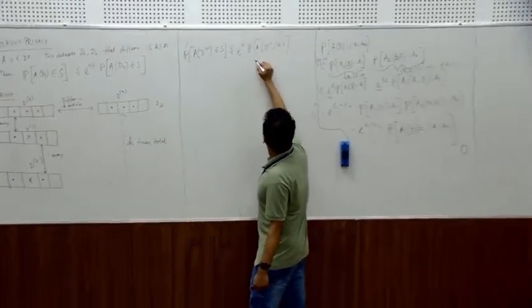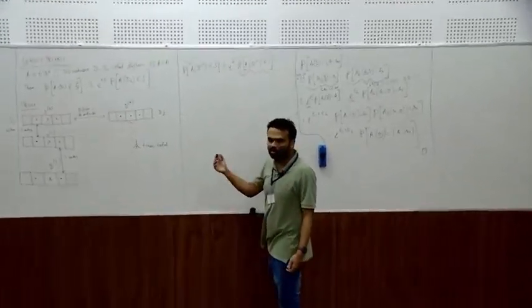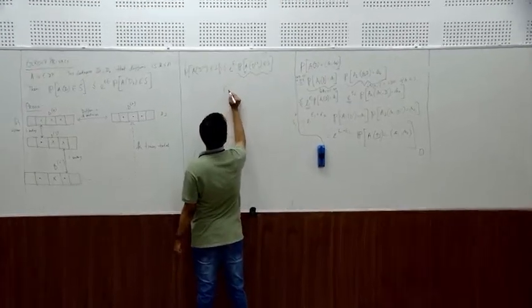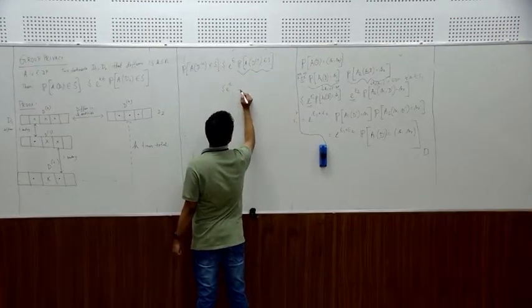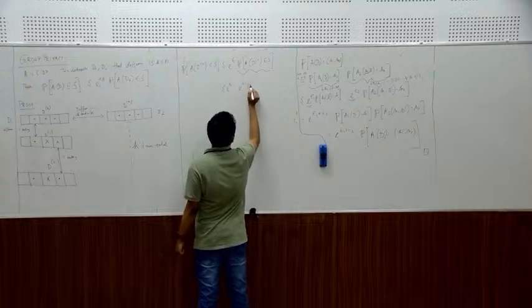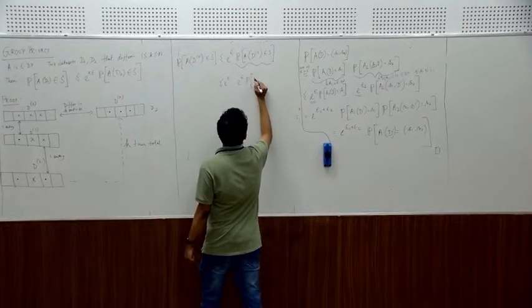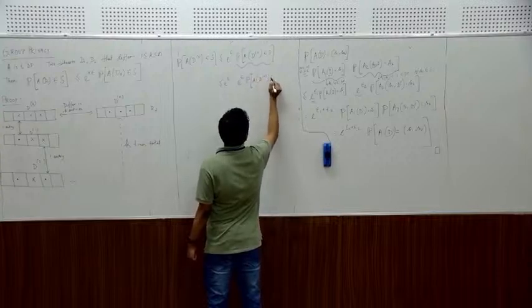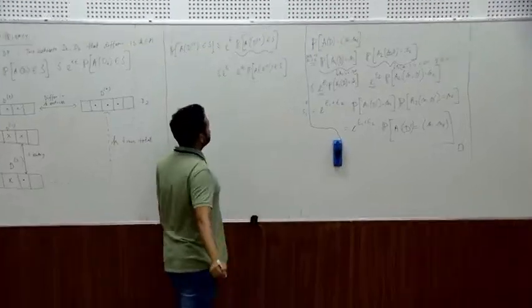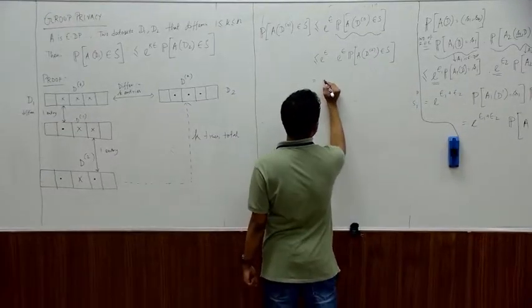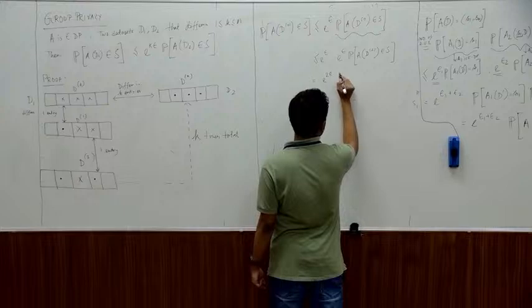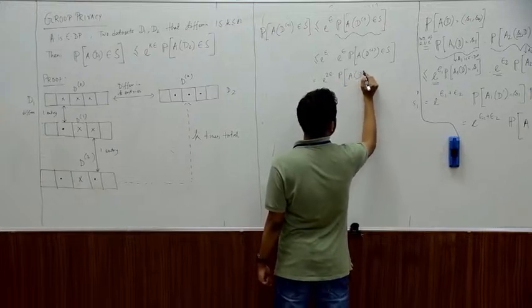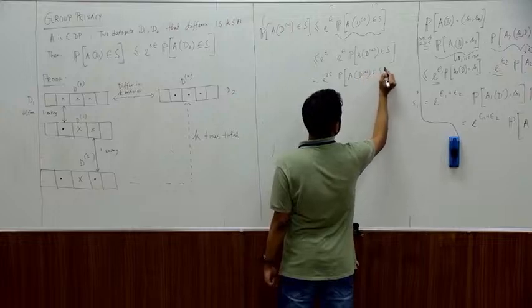Do it for D1 and D2: again e to the power epsilon, so we will have e to the power 2 epsilon times the probability of A(D2) belongs to S.